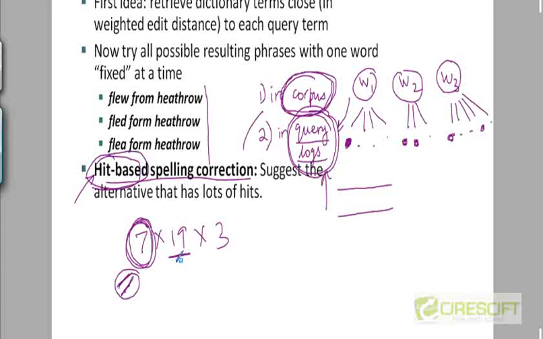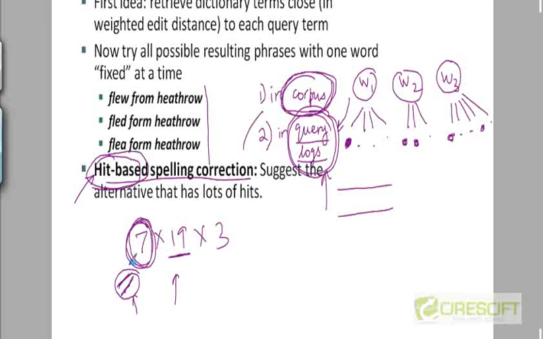and then figure out which of these biwords. So you will generate about 19 or 38 biwords, and you'll figure out which of these biwords are most common, again, in terms of number of hits in the query logs.